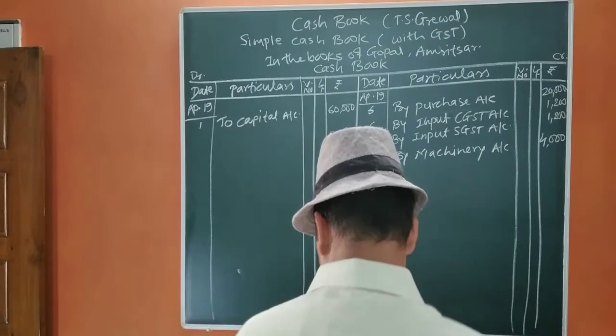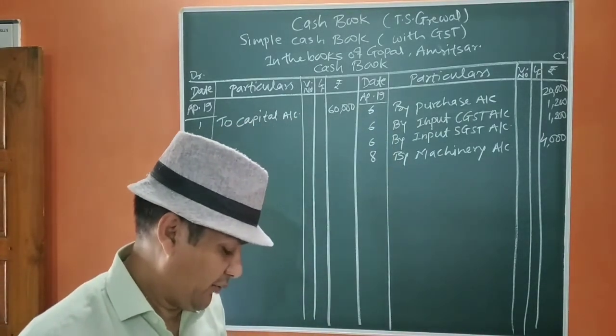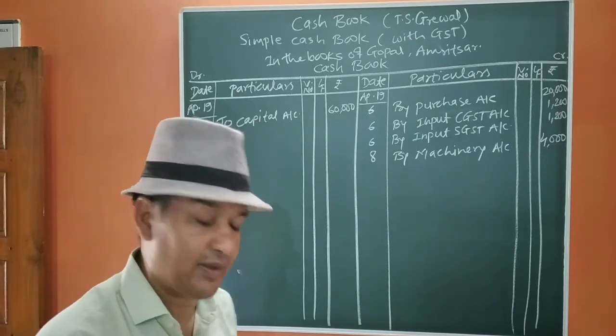Now next, 12, computer repair charges 1900 paid along with CGST and SGST at the rate 6% each.